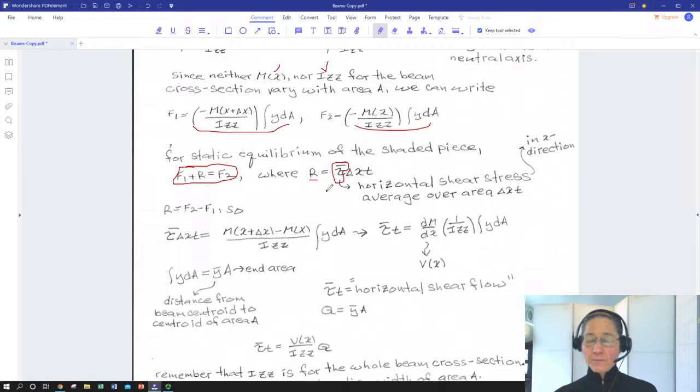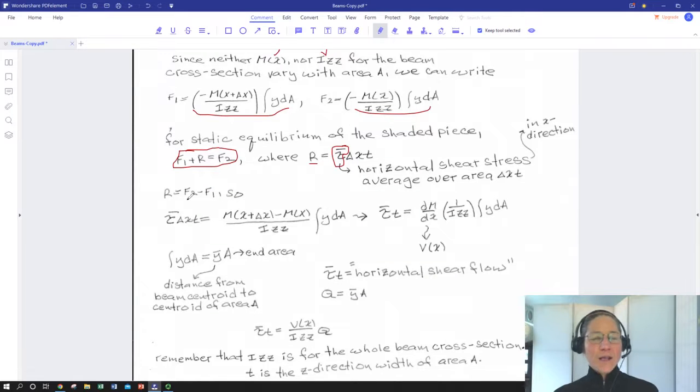Okay, so now we can drop our stress and area-based expressions for our forces into our conditions of equilibrium and solve for R, since that's getting us towards shear. That's what we want to know. So R equals F2 minus F1.